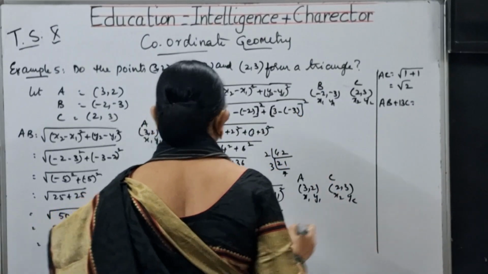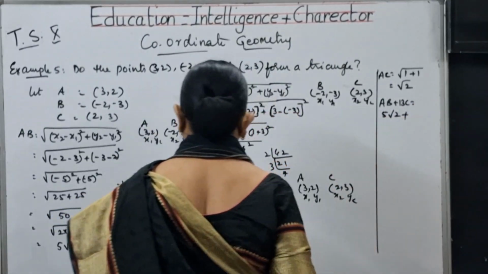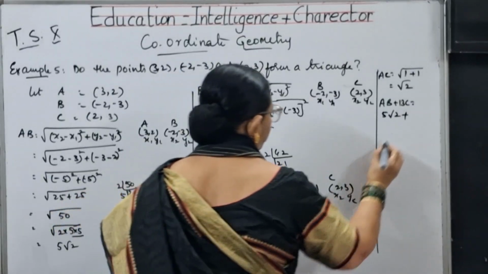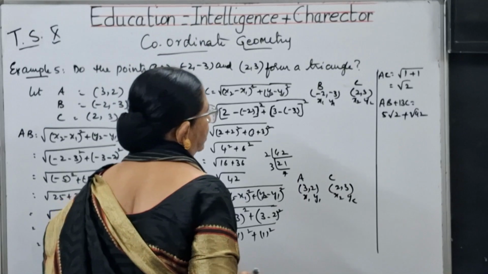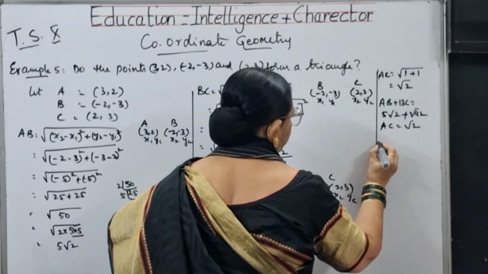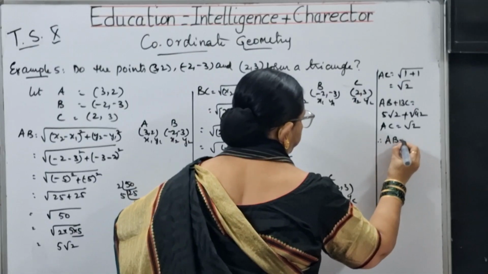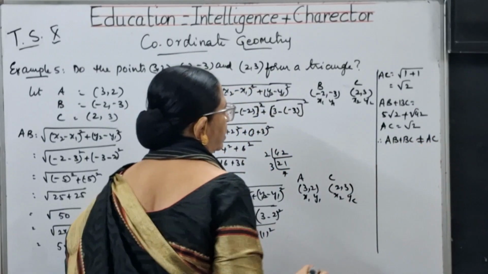What is AB? 5 root 2, plus BC, I have got root 52. So in any way you cannot add. Then AC, you have got root 2. So we will say that AB plus BC is not equal to AC.